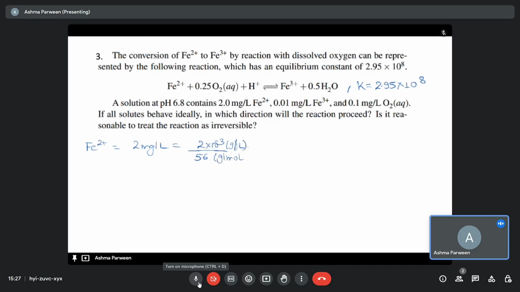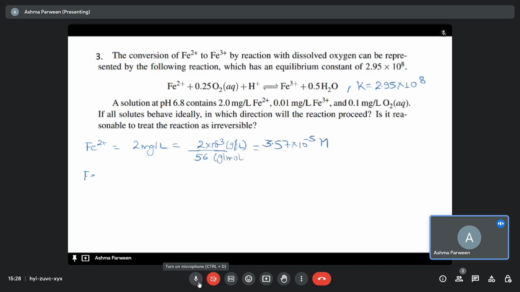It will be grams per liter. So overall, let me calculate this. After calculating this, we are getting Fe2+ as 3.57 × 10^-5 M, where M is moles per liter.